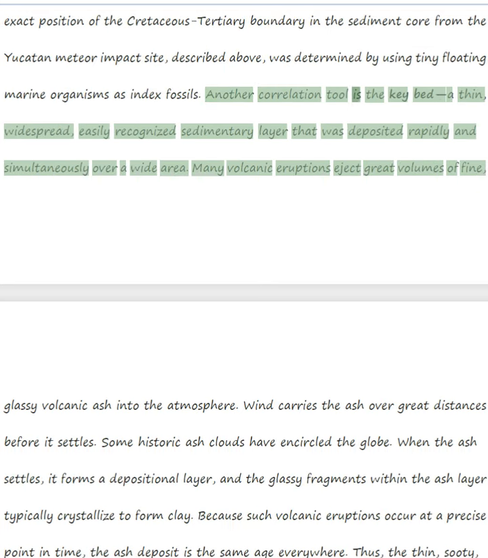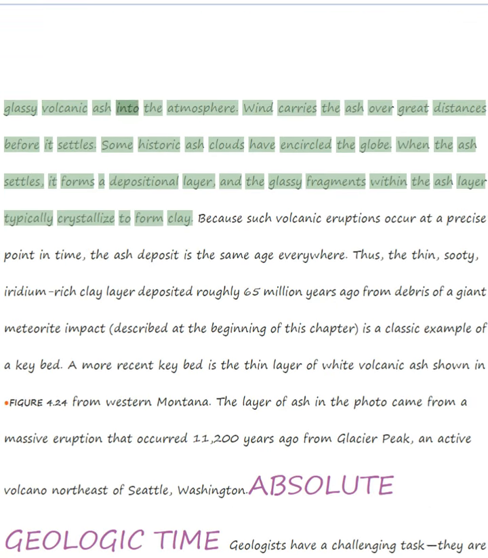Another correlation tool is the key bed, a thin, widespread, easily recognized sedimentary layer that was deposited rapidly and simultaneously over a wide area. Many volcanic eruptions eject great volumes of fine, glassy volcanic ash into the atmosphere. Wind carries the ash over great distances before it settles. Some historic ash clouds have encircled the globe.